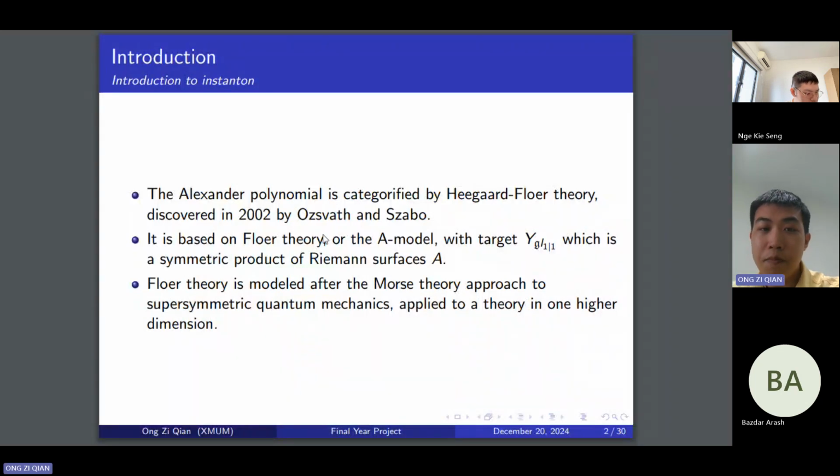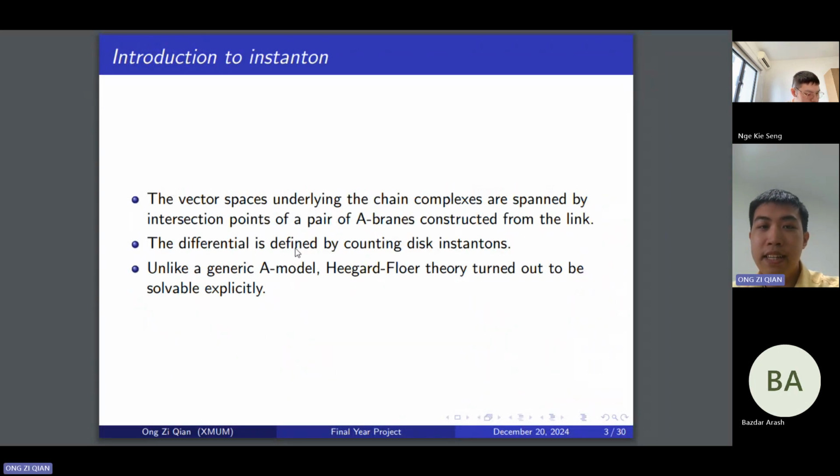In this theory, they define their differential by counting instantons. And they chose this theory because it turned out that they can solve the question explicitly.